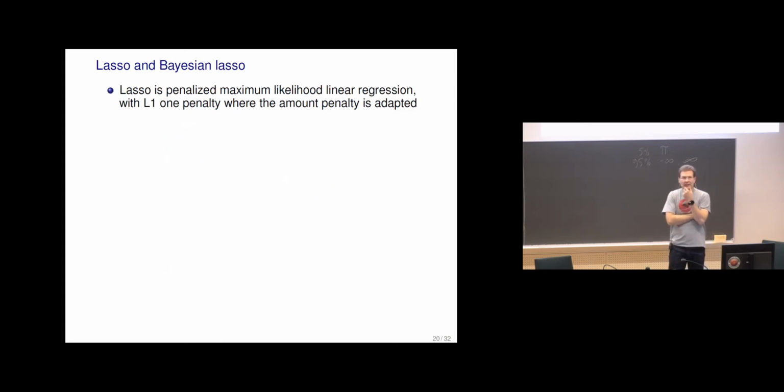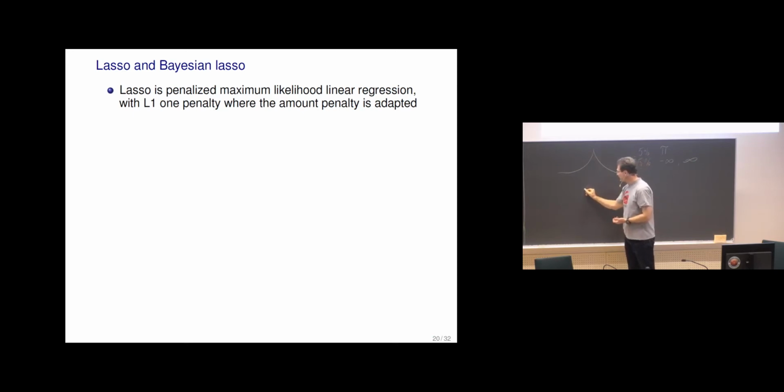So someone specifically asked about the connection between Lasso and Bayesian Lasso. Lasso is penalized maximum likelihood linear regression with L1 penalty, where the amount of penalty is adapted. The L1 penalty corresponds to having this double exponential or Laplace prior, which is more peaked at the mode, and in the log space looks like this.